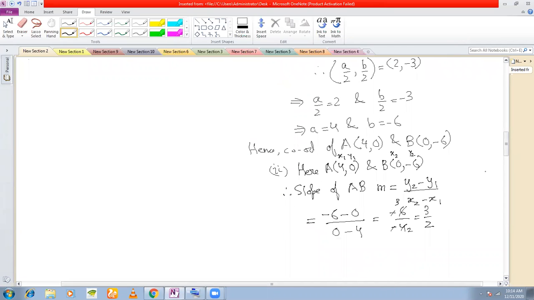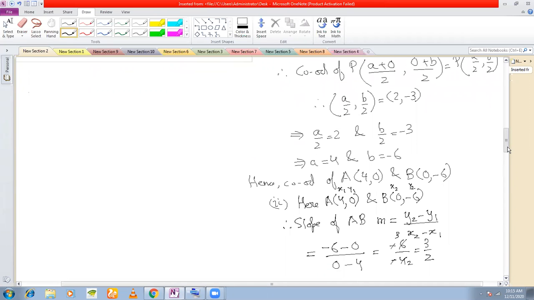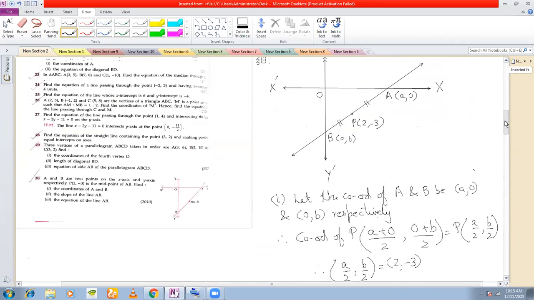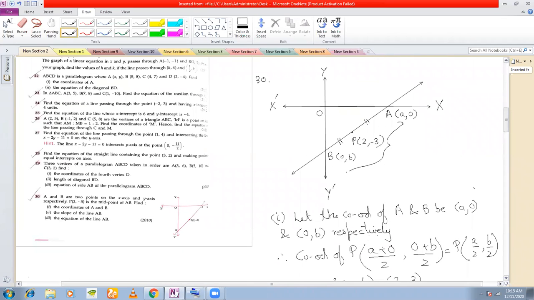Third part of the question is equation of the line AB. Now that is also another cakewalk. You know the slope of the line AB, and you know 3 points on the line AB. You can choose any particular point. You already know the slope of this line, and you know 3 points on the line. You know A, you know B, and you know P. You choose any one of them, and you know the slope. You can use your point slope form to find out the equation of the straight line. So let us choose any point.